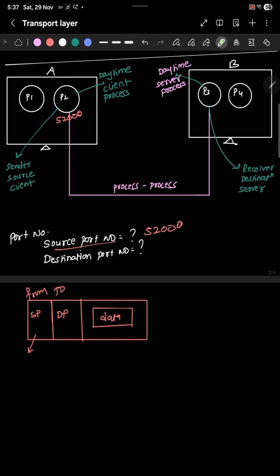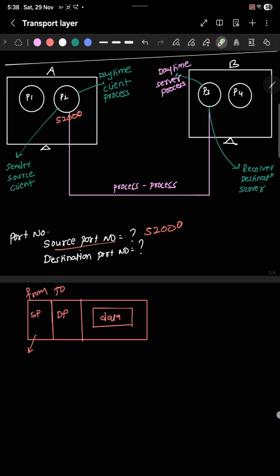It's like an envelope, and this header contains all the routing information so that you can reach the particular destination. One of the pieces of information we need right now is the source port number and destination port number. The source port number we know, that is 52,000, randomly generated by the operating system. But what about the destination port number? That is the problem.